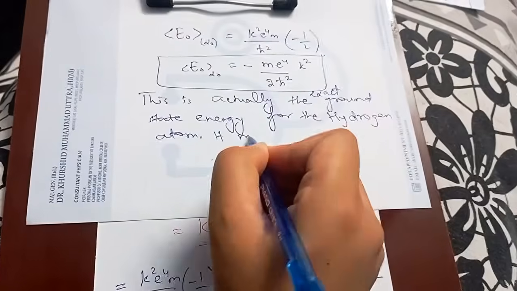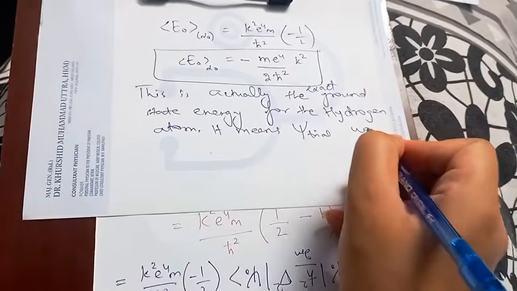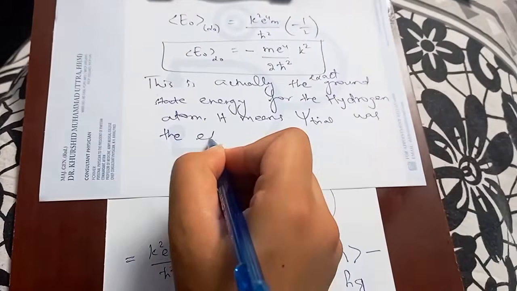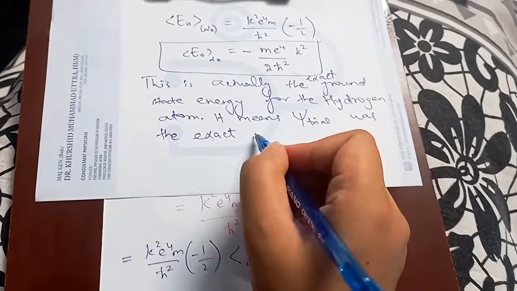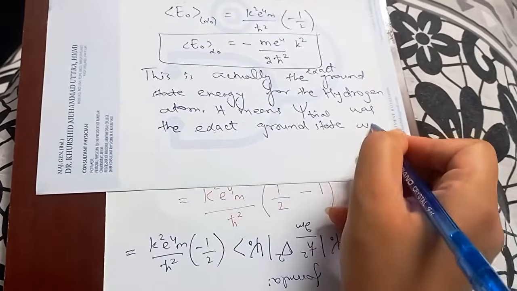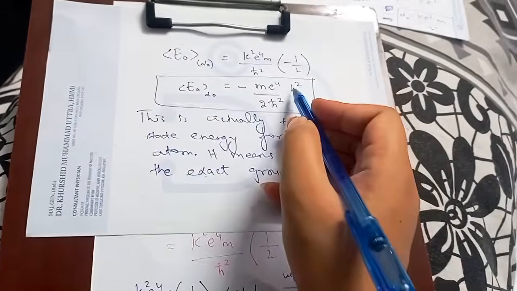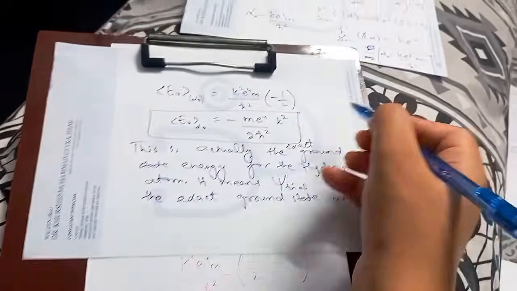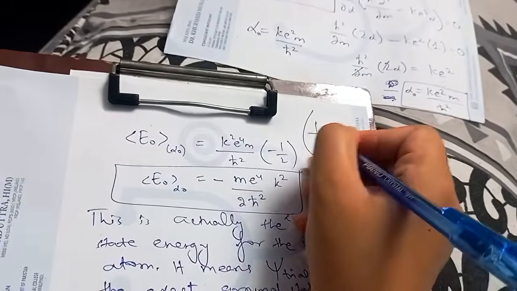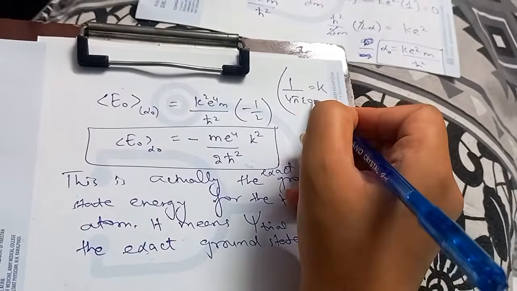It means psi trial was the exact ground state wave function. Okay, we can put the value of k² as well here, because there is a form that is really common. k is equal to 1 over 4 pi epsilon naught.